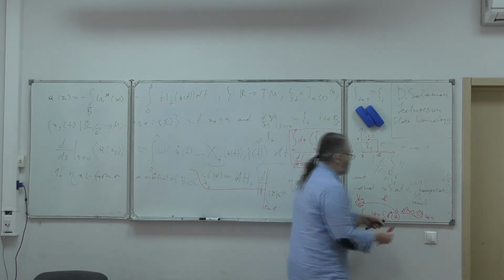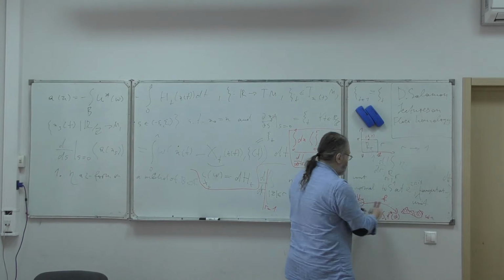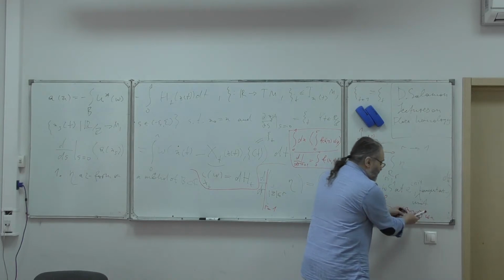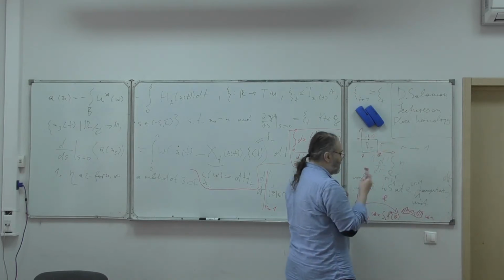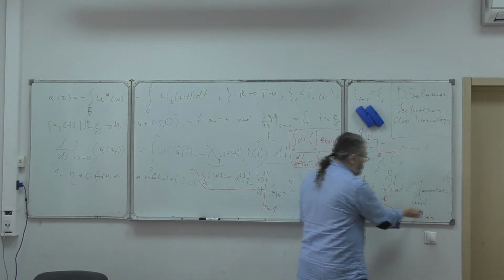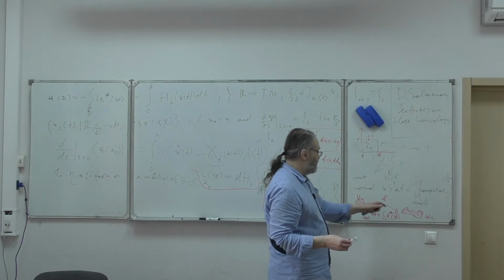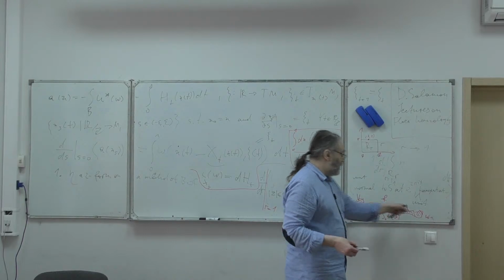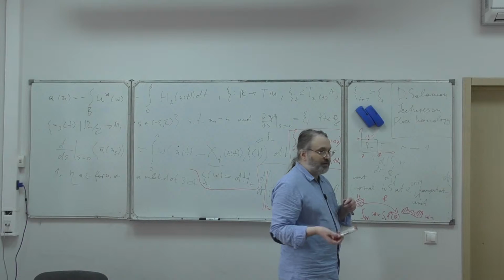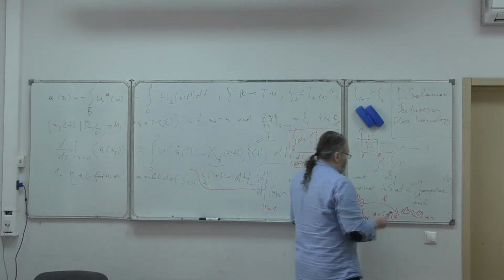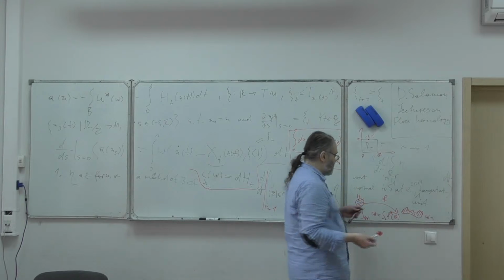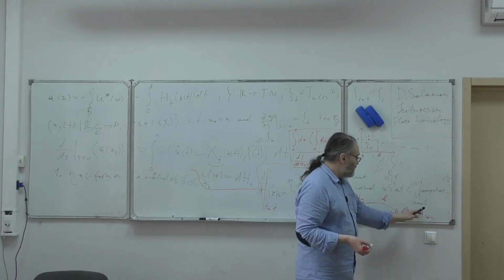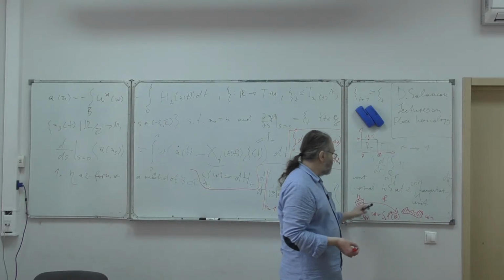So I can take a form here and integrate along the image. Let's assume that this map is a diffeomorphism. Actually, I don't need it to be a diffeomorphism, but I want both blobs to be manifolds with boundary of the same dimension, so that the integration makes sense.